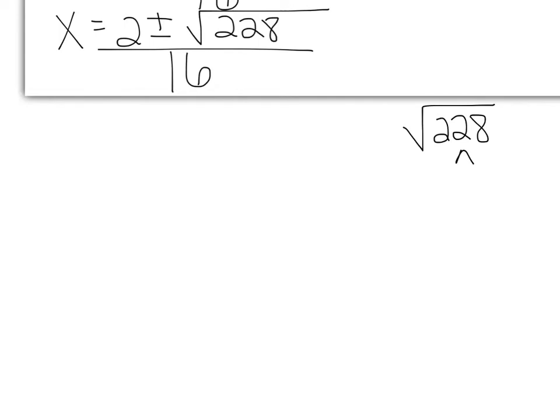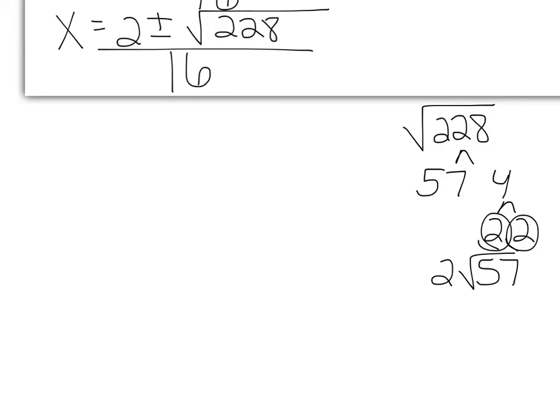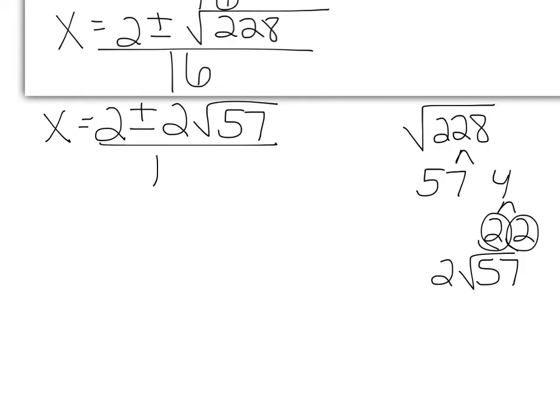So let's do 57 times 4, which is 228. 4 is 2 times 2, and 57 is actually prime, so we can't go any further. So that means a 2 can come out front, leaving the 57 inside. So we're going to change the square root of 228 to 2 square root of 57. So I've got 2 plus or minus 2 square root of 57 over 16.